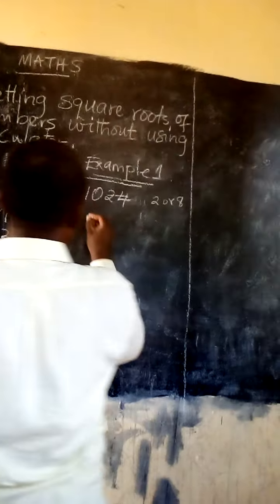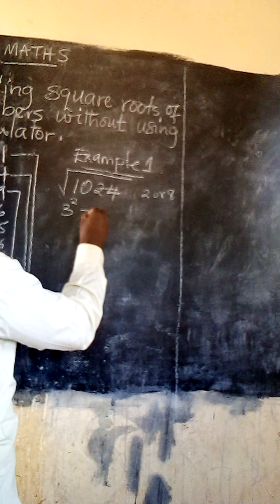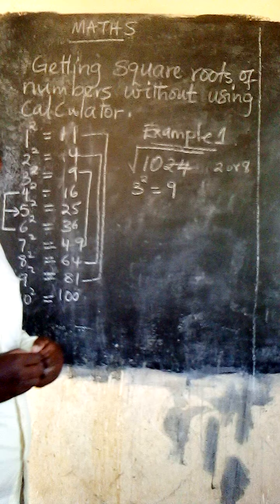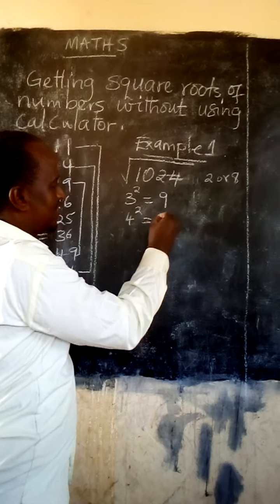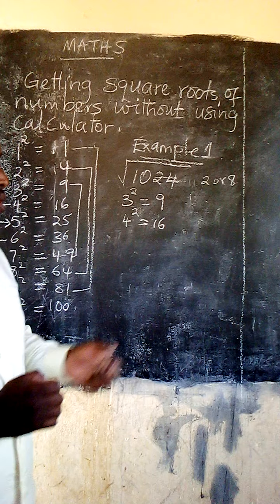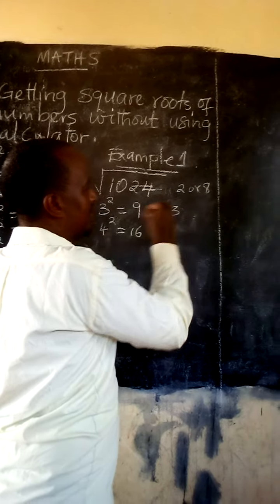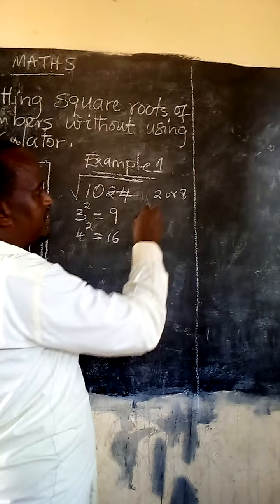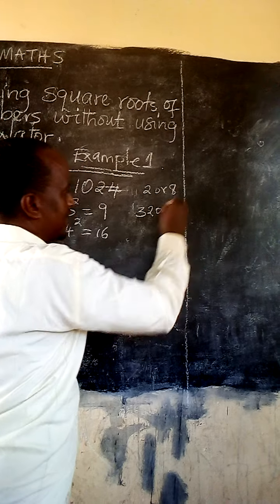One will be 3 squared, which is 9. The other one will be 4 squared, which is 16. We can see that 16 is more than 10, so we ignore this. We check this now. So the first digit will be 3. And the second digit is either 2, that will give you 32, or 8, that will give you 38.